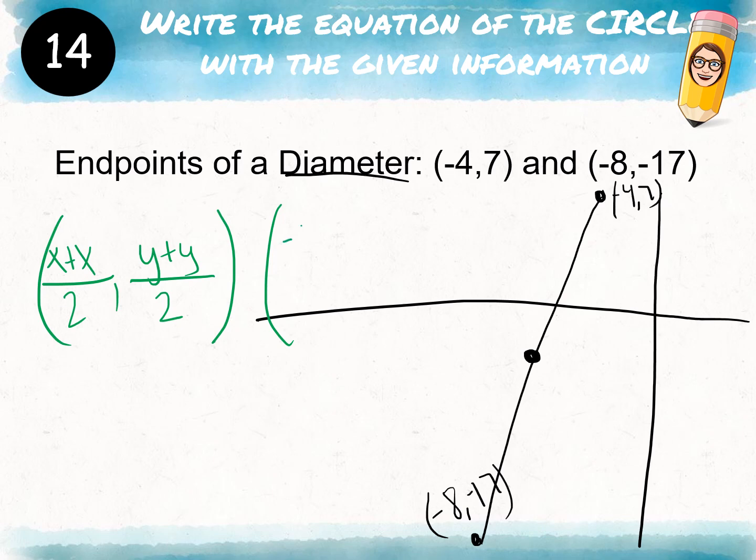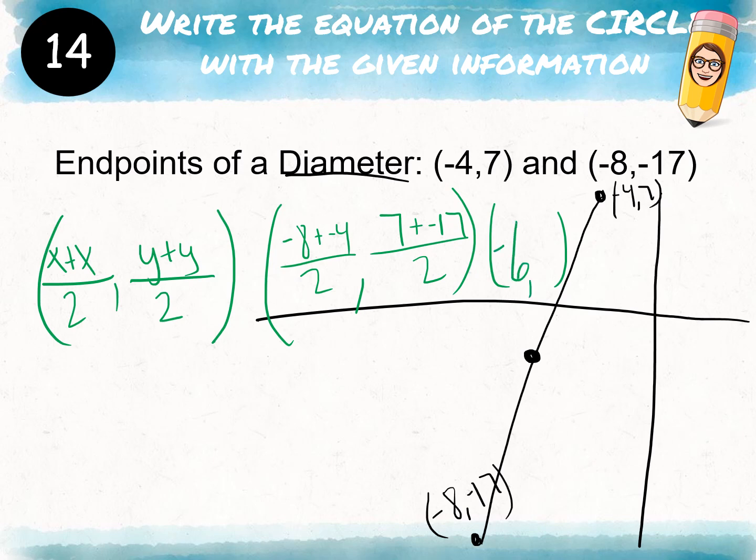X plus x, so -8 plus -4, we're going to cut that in half. The y's are 7 plus -17, and we're going to cut that in half. And here's the thing, if you've got a little sketch, it's going to make sense, right? So let's calculate this. A -12 divided by 2 would be -6. This would be a -10 divided by 2, which would be -5.